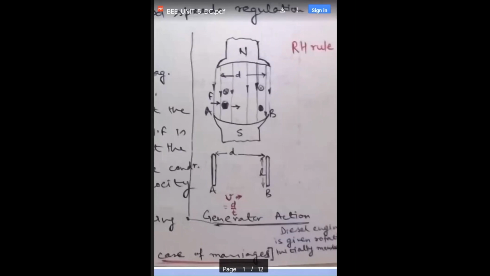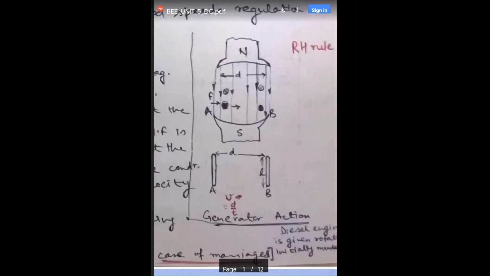The portion which is within these poles is the rotor, which is the rotating part. This is the north pole and south pole, and this magnetic field or magnet system can be of three types.